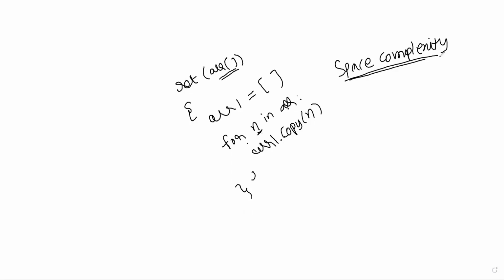So we don't know the size of the array. This is just copying an array to another array. This array can have any number of elements, it can have n number of elements. So is this array a fixed array? Is this a fixed variable?